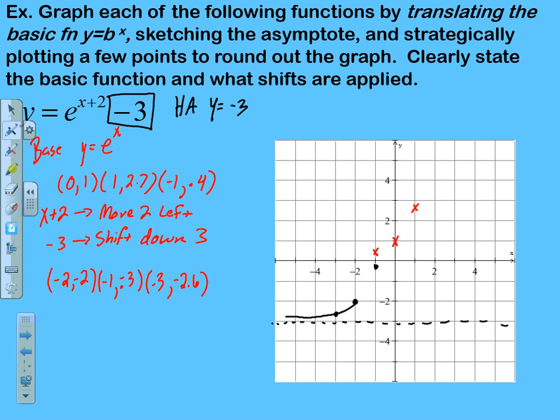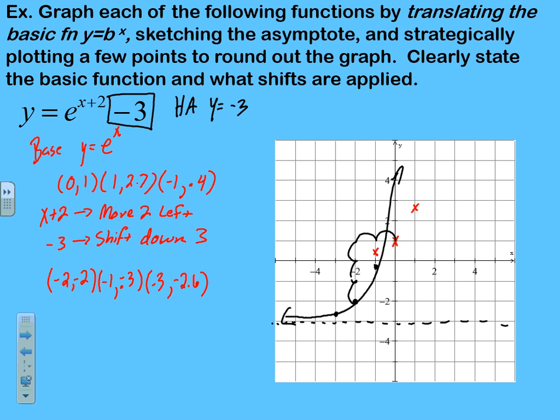So we're going to follow the horizontal asymptote down or across, and then there is the overall function. Looking at the points that we have from the parent function at 0, 1, if I go 2 spaces to the left and 3 spaces down, that is the other way that we could figure out the points of the transformed function: plot the points that we know from the base function and do the transformation on the graph.